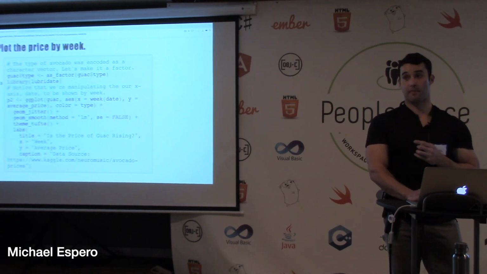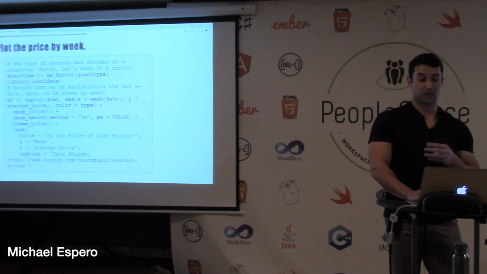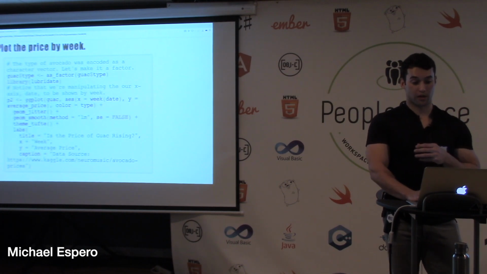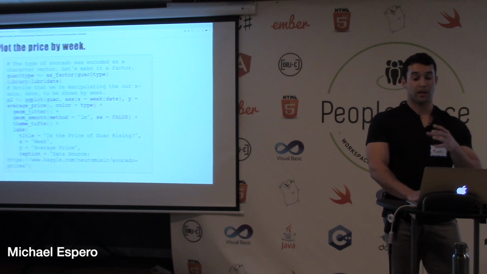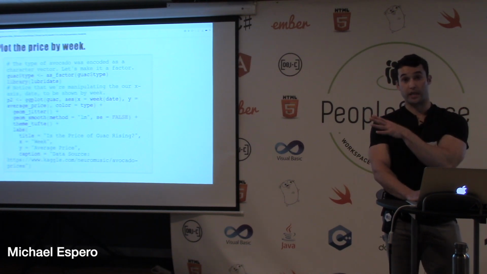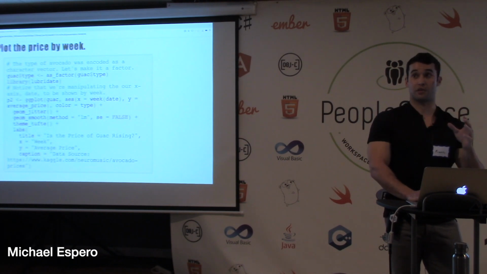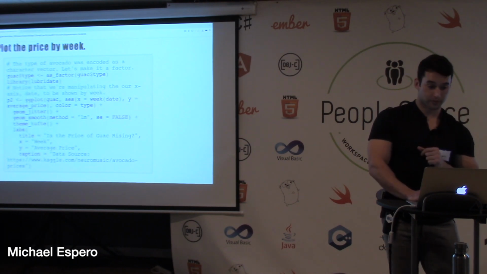And then in the lubridate package, we're going to use one nifty function that allows us to work with time a little bit easier. So in this ggplot function, the one thing I want to direct your attention to is that we are wrapping the date variable on the x-axis with the week function from the lubridate package. This way, it's going to automatically parse it up so that the x-axis will be by week. There are similar functions that do this by month, by year.